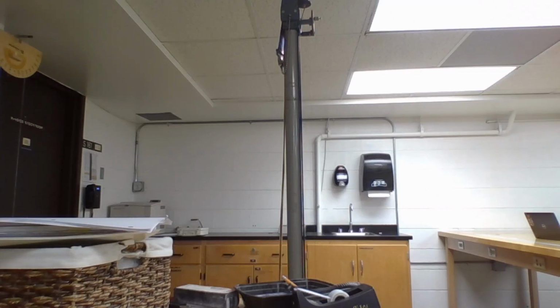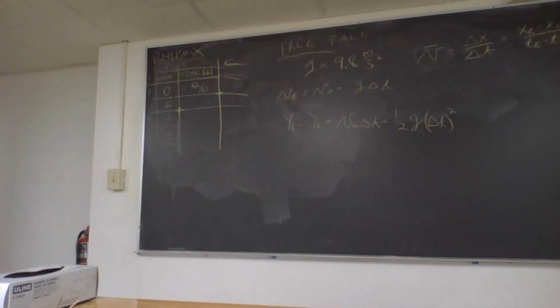So you're going to go to the second decimal place in centimeters, and then you're going to enter these things into this other column up here on your spreadsheet.